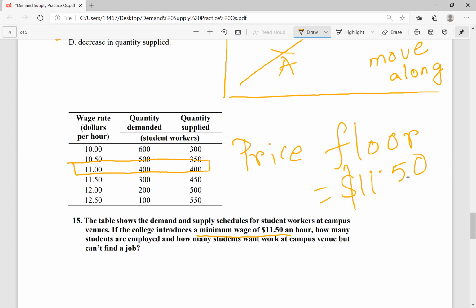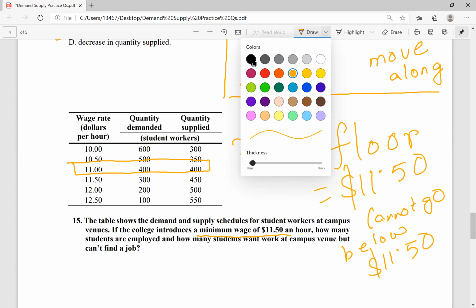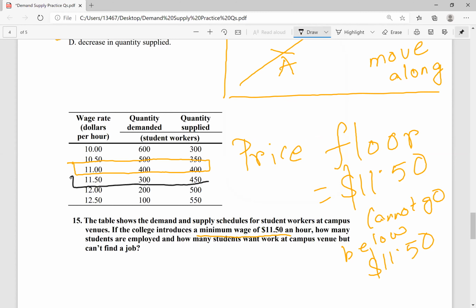If the price is $11.50, the price floor tells me you cannot go below $11.50, but definitely can come above $11.50. So if the college is setting up a price floor at $11.50, there will be unemployment because quantity supplied is greater than quantity demanded. My unemployment will be equal to 150.